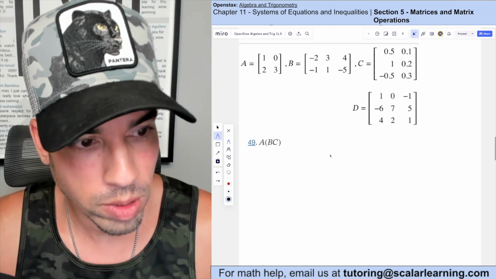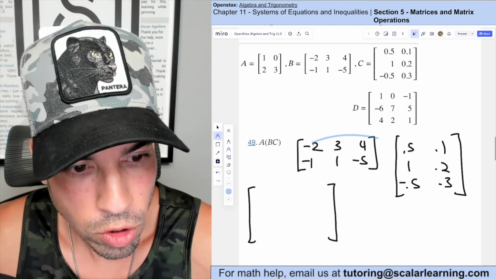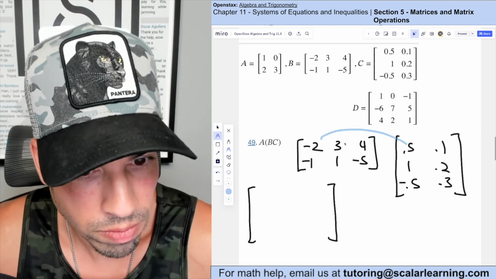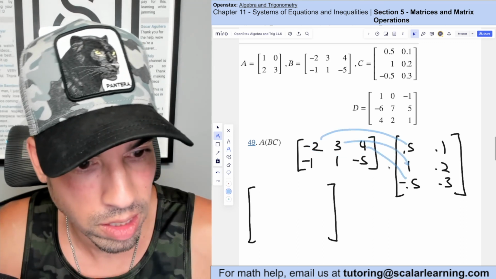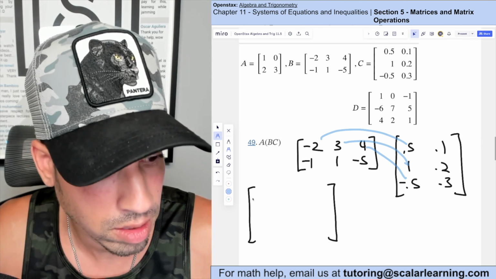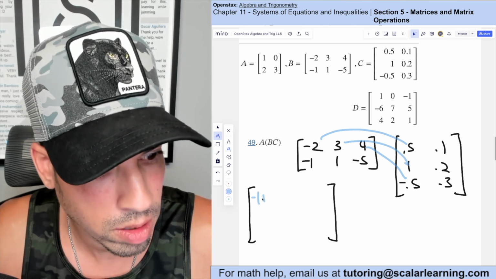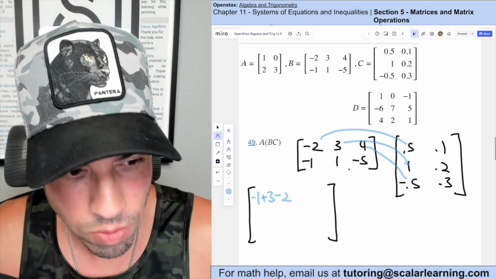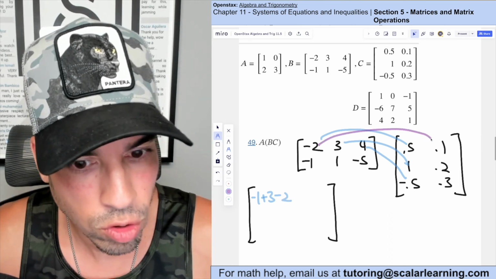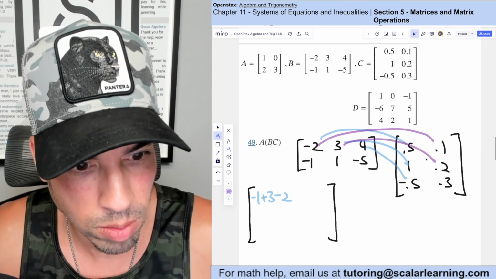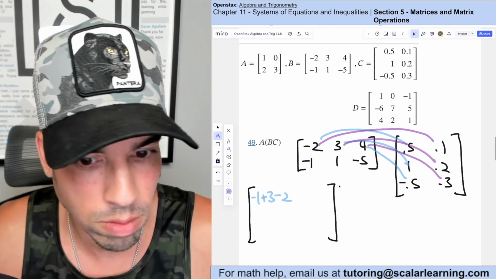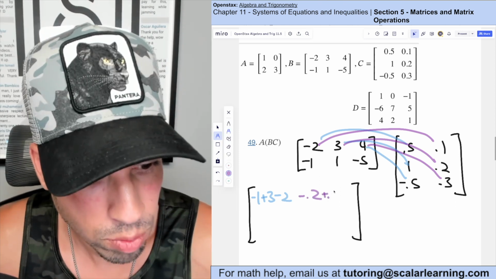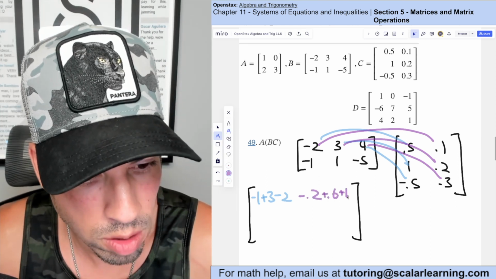So now let's start with that b times c. So here we go. First row times first column. We got negative 2 times 0.5, 3 times 1, 4 times negative 0.5. That is, let's see, negative 1 plus 3, and then minus 2, right? Negative half of 4 is negative 2. Next, we got negative 2 times 0.1 plus 3 times 0.2 plus 4 times 0.3. So that is negative 0.2 plus 0.6 plus 1.2.